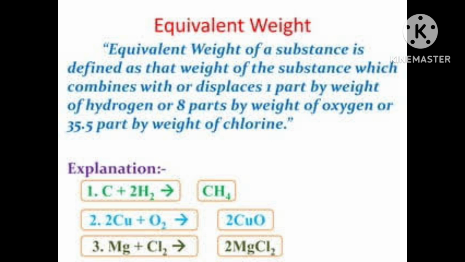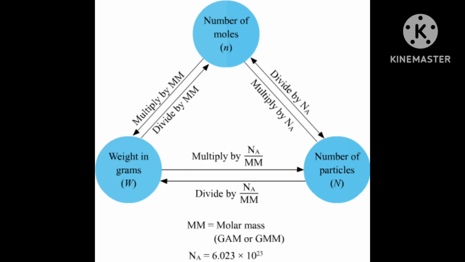Like that way, H3PO4. Here again you calculate the molecular mass, that is equal to 1 mole. In H3PO4, 3 H are there, and the total number of H will be 3 into Avogadro number. Like that way H3PO4, O4.